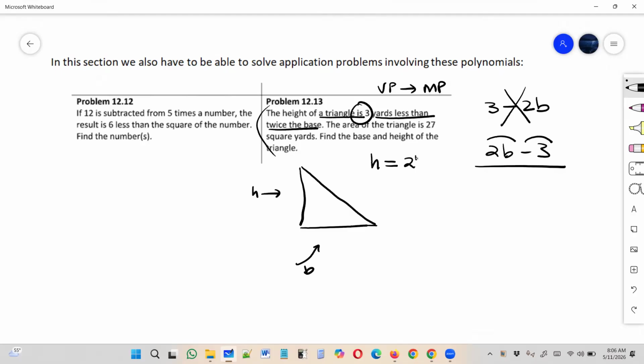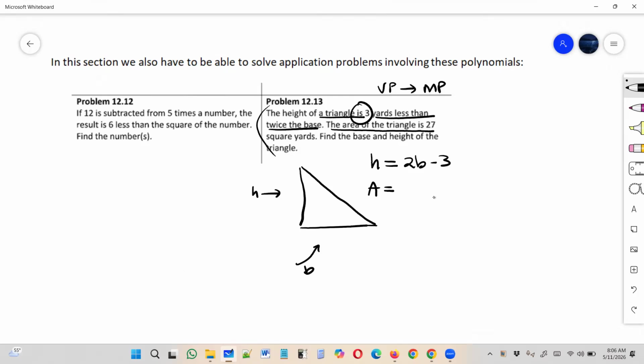Okay? So they're giving us this kind of formula right here. That's the first sentence. Now, the area of the triangle is 27 square yards.